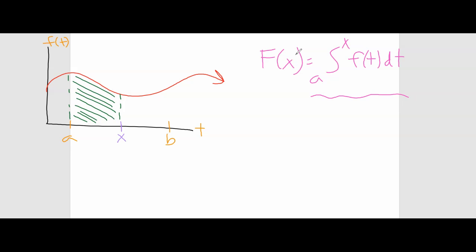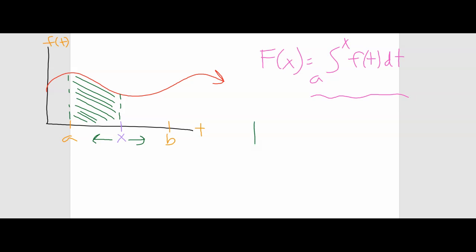And again, I'm defining this with a function, capital F of x, because that x can change. So if x moves a little bit to the right, that area is going to increase. If it moves a little bit to the left, that area is going to decrease. So all we've written here, capital F of x, just represents a function of the area under the curve. Well, here's where the FTC comes in.